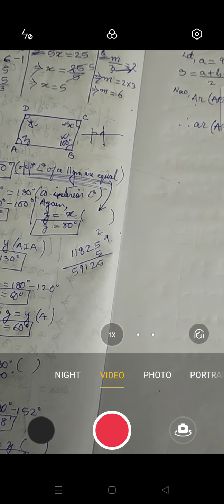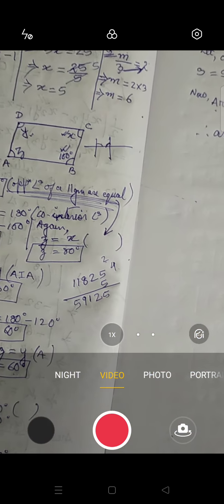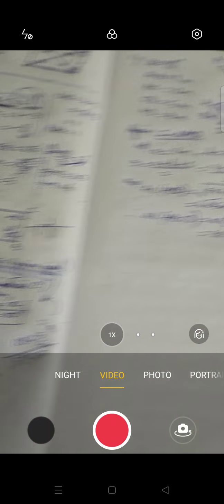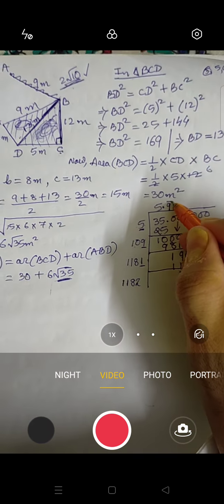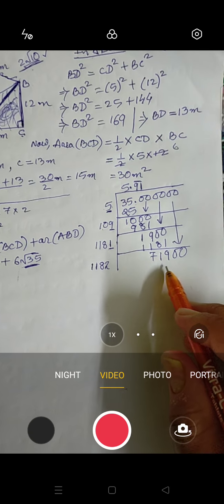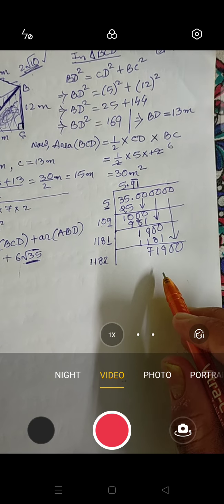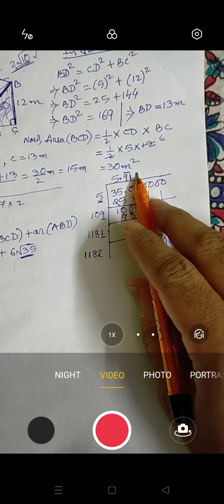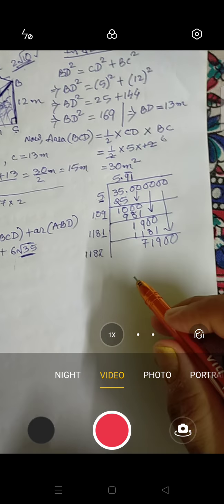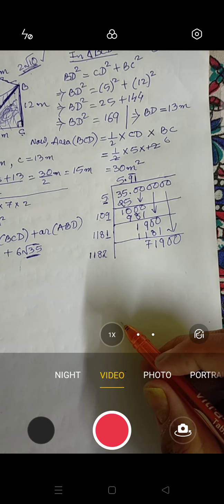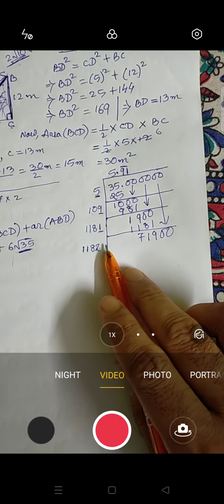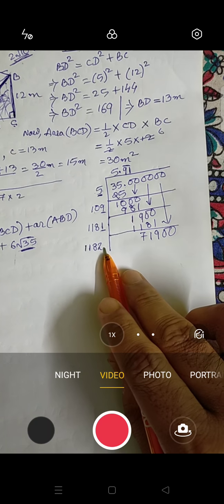Now we have to check it by 6 also. But I told you that we will be taking up to 2 decimal places. Now we understood that the third value will be 5 or greater than 5. Yes or no?